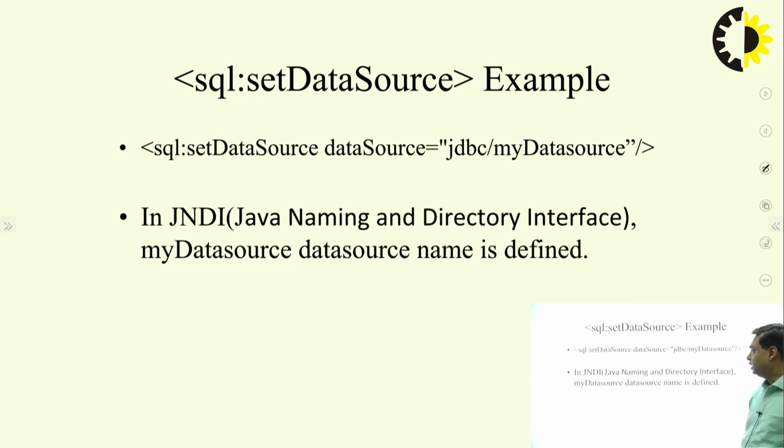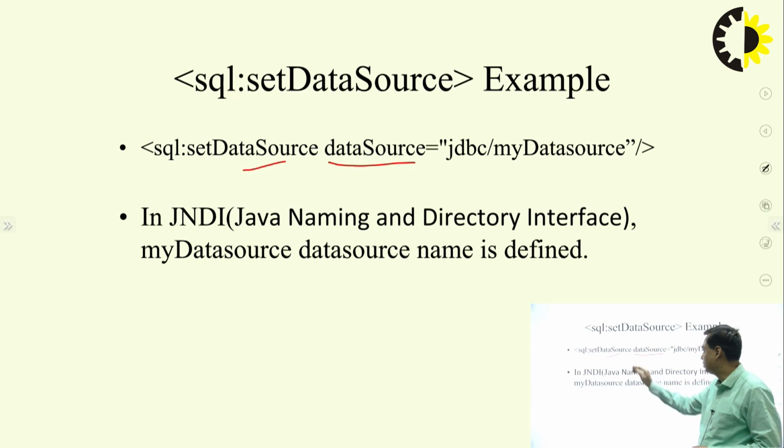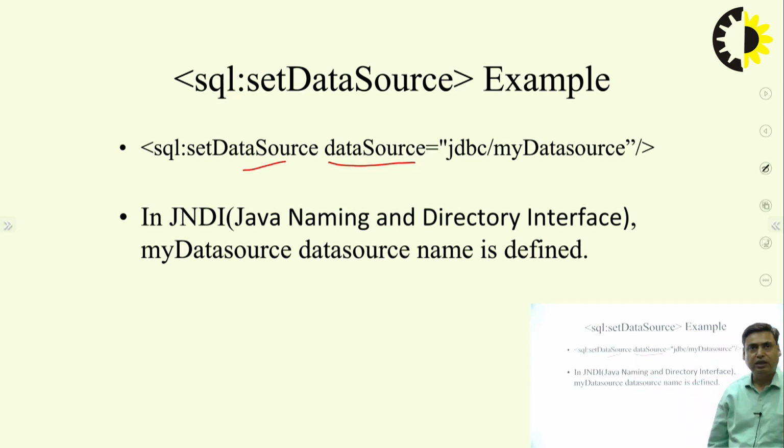Now, if you want to set a data source, so we are using this data source attribute, and JSP action name is set data source. So basically, making a data source is a different task, and it will take one of the concepts, JNDI, that is Java Naming and Directory Interface.